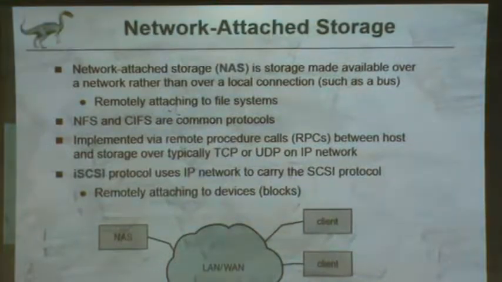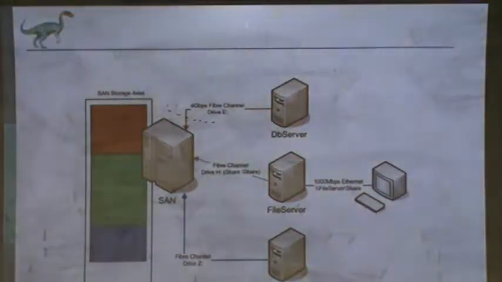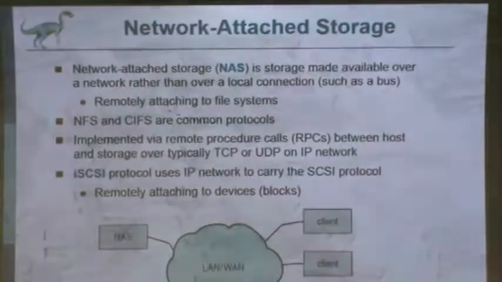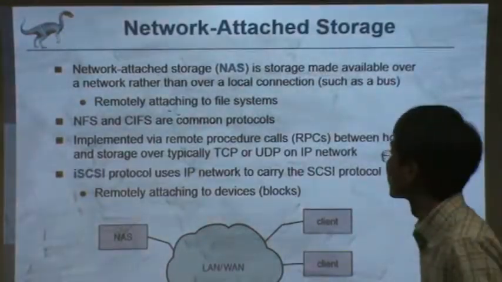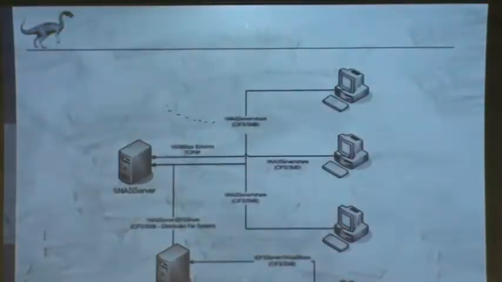It still uses the local area network, just gigabit Ethernet or 10 gigabit Ethernet, so it's still slow compared to fiber optic channels. So now the SAN is still more popular than the NAS. So this is an example of the NAS.